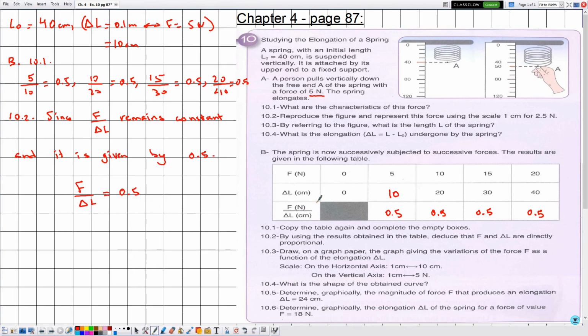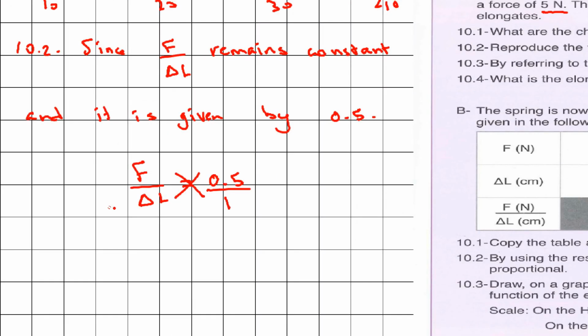Now we are ready to answer whether F and delta L are directly or inversely proportional. To do so, we need to put F on one side and delta L on the other side. So in this case, let's keep F on the left and take delta L to the right. So here F over delta L and 0.5 is divided by 1. Then crisscross delta L, if you want to take it to the right, because it's below, then moving it to the right, it will be above.